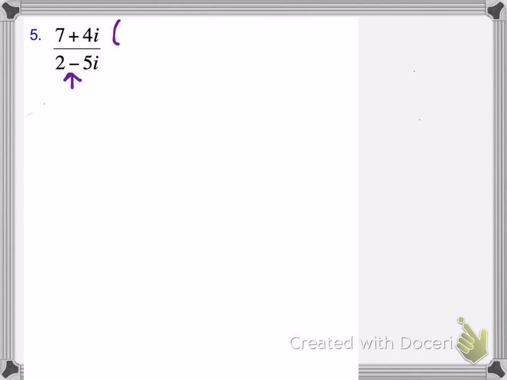So I'm going to multiply the numerator by 2 plus 5i, multiply the denominator by 2 plus 5i. Notice how I'm only referencing the denominator. The numerator, the 7 plus 4i, is just going to stay 7 plus 4i, and I'm not going to do anything with it. Okay?